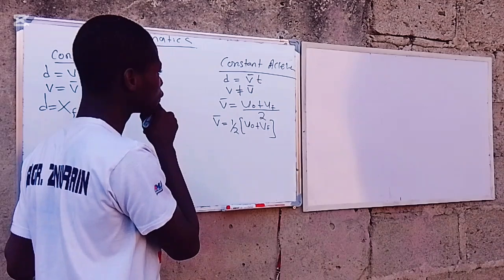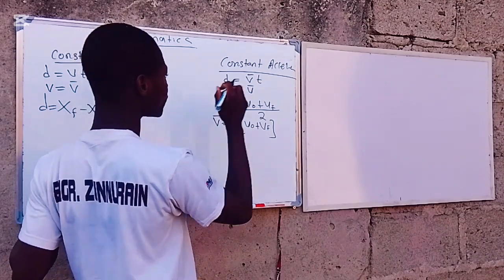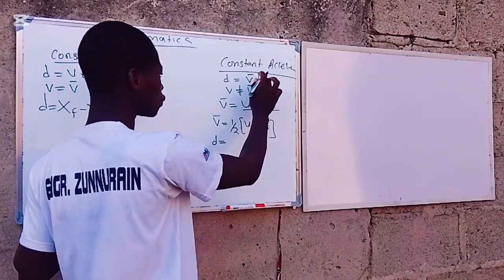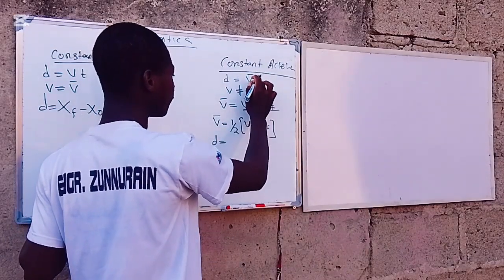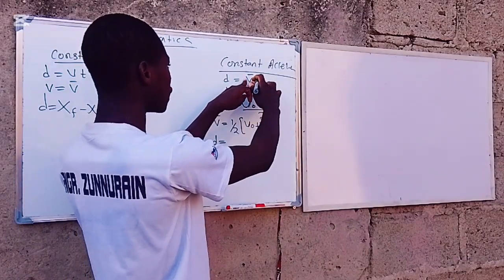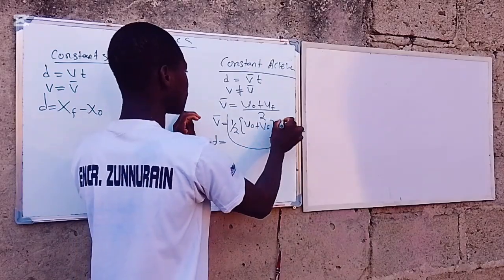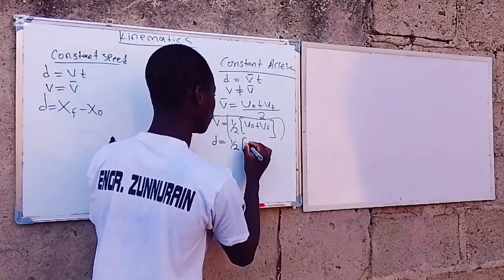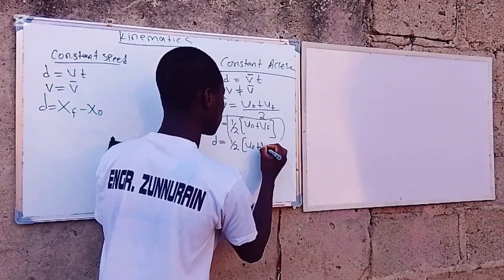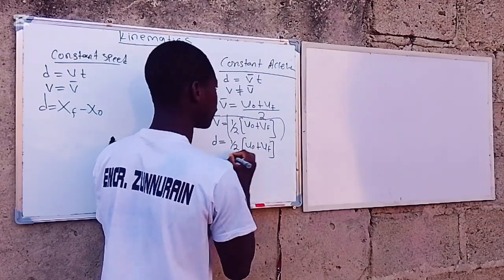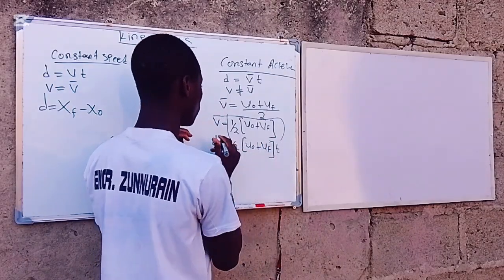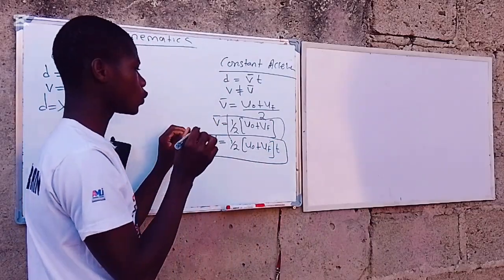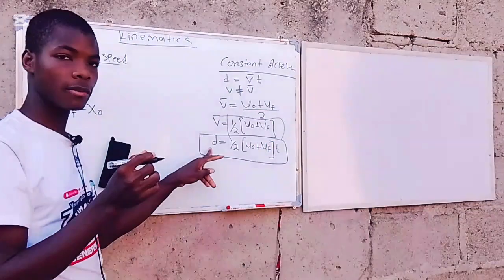So the distance should now be equal to vt, and the value of vt is this. Therefore I have a half of v naught plus vf, the final, multiplied by t. So this is an equation that you will use for displacement.